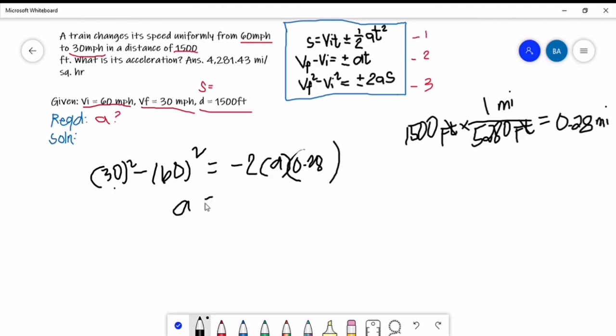So overall, if you use your calculator, our acceleration will be equal to 4,821.43 mile per hour squared, or mile per hour raised to 2. So now this should be our answer.